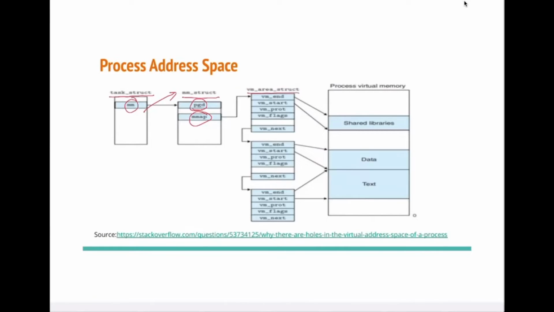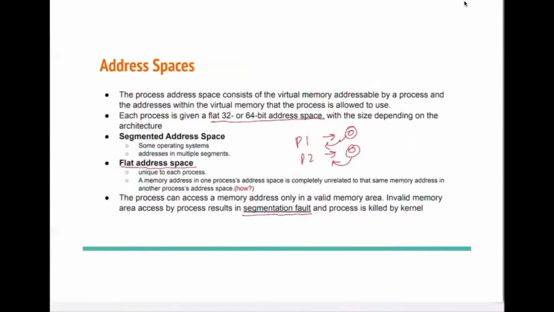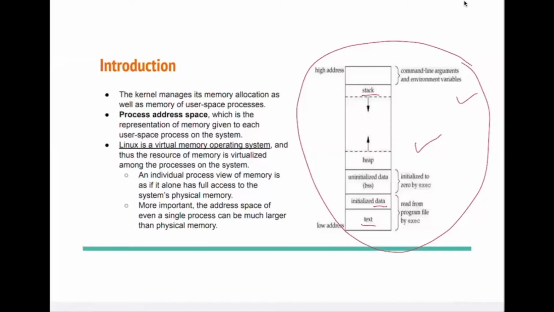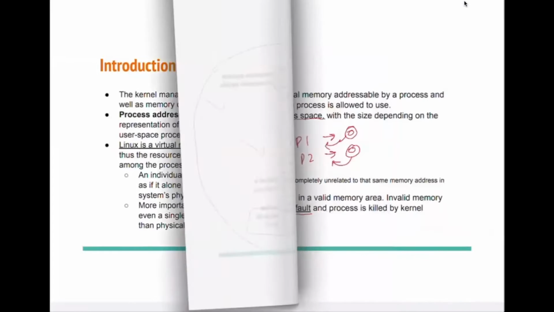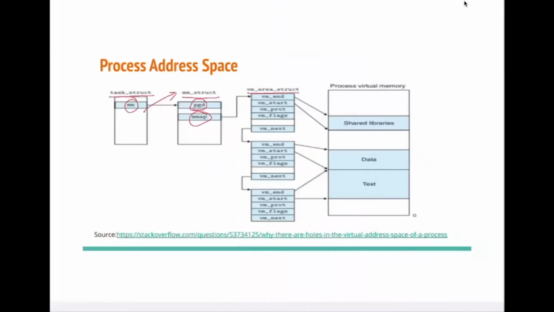This VM area struct represents a particular section of the memory map of a process. Like in our first slide, we have seen different sections like text, data, stack, BSS, heap. This particular area is defined by this structure. We call it vm_area_struct.